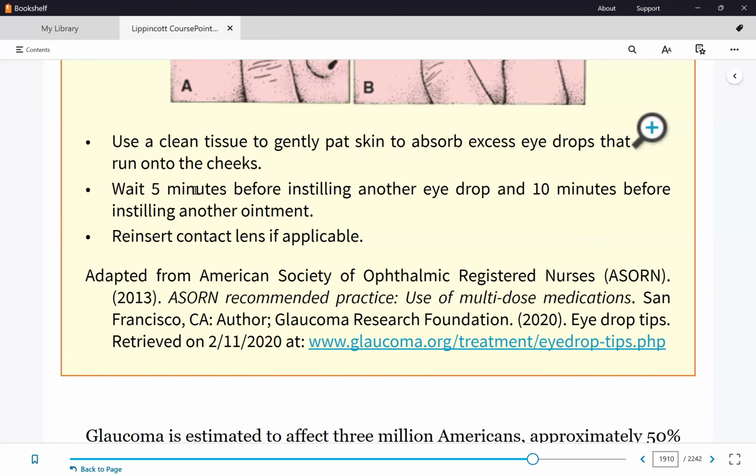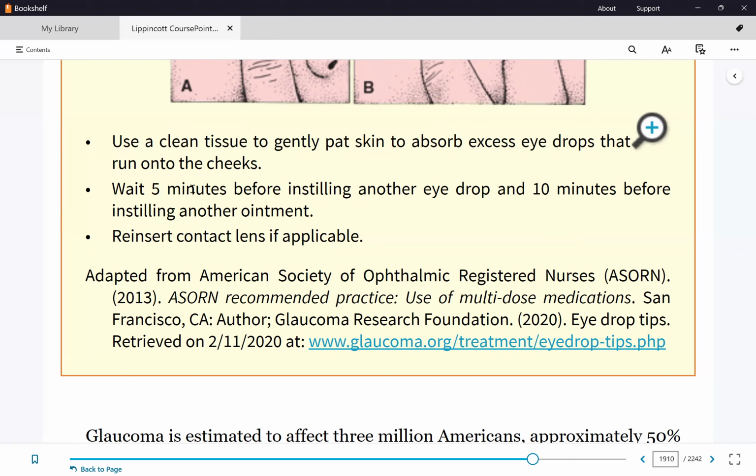So if you administer one drop after another without waiting 5 minutes, what will happen to the medication? It gets washed out. Again, the lower conjunctival sac can only hold 1 drop worth of volume.